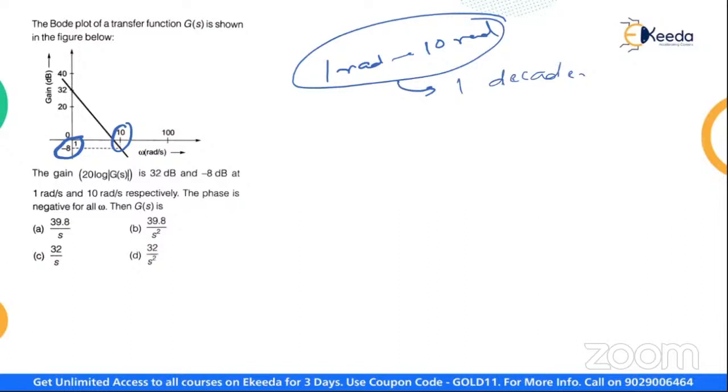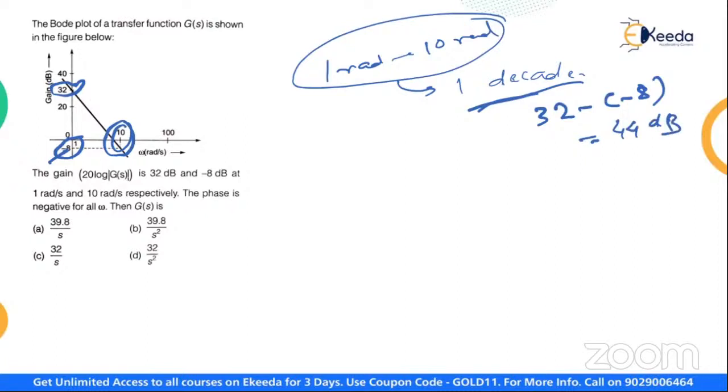Now, what next? In this 1 decade, the gain is 32, and now it has become minus 8, correct or not? Yes. So, in this 1 decade, it has changed by 32 minus of minus 8, so it has become 44 dB, correct or not? So, can I say that the slope is what?